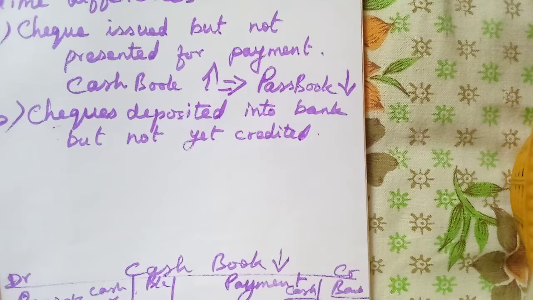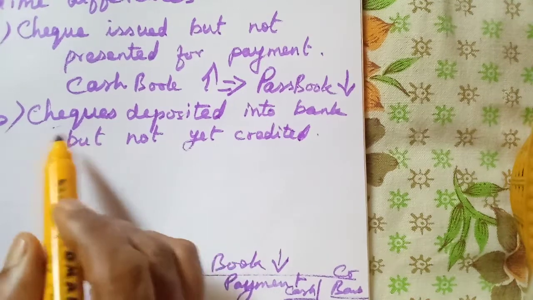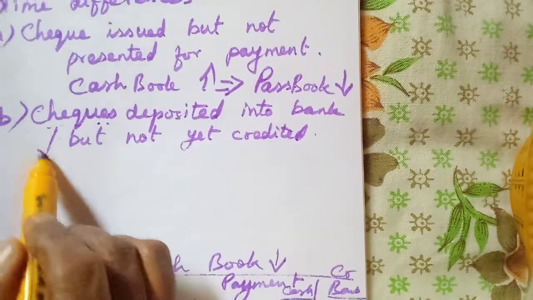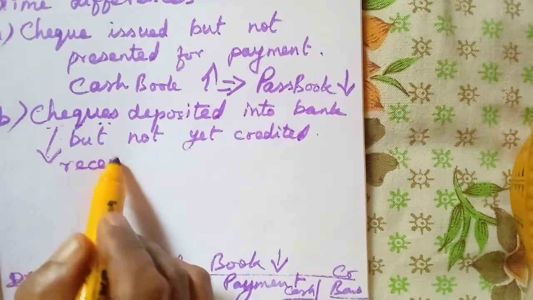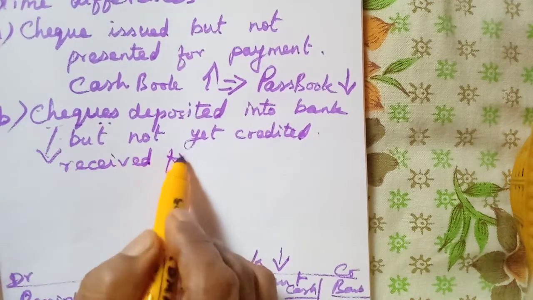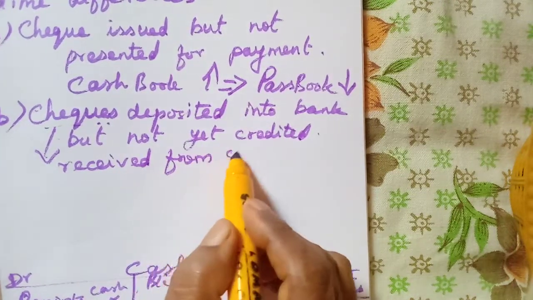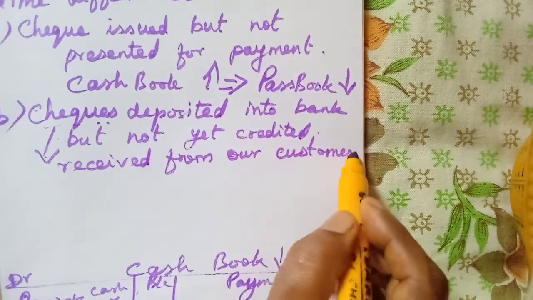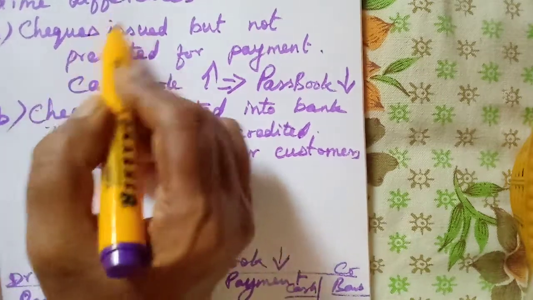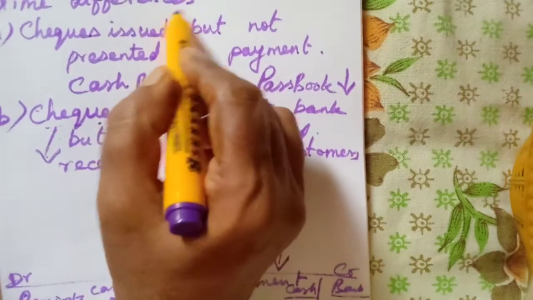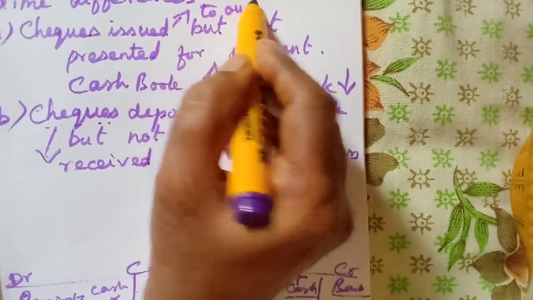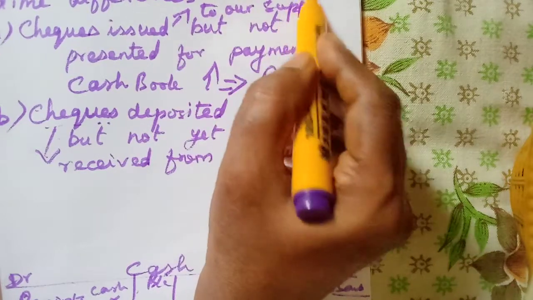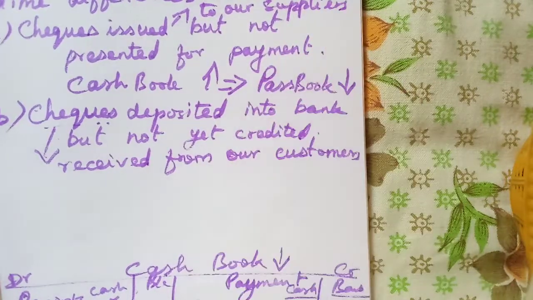Because what are these checks? These checks we have received from our customers. But what are those checks? These checks are issued to our suppliers. Who are our suppliers?